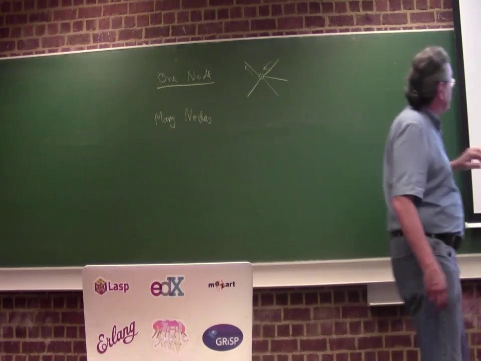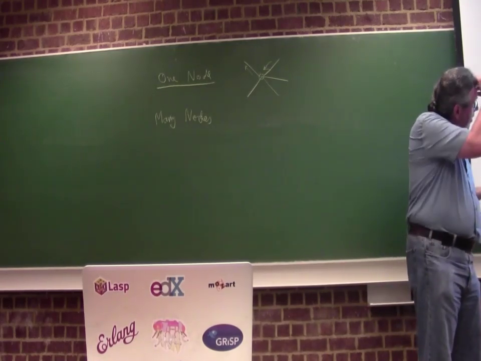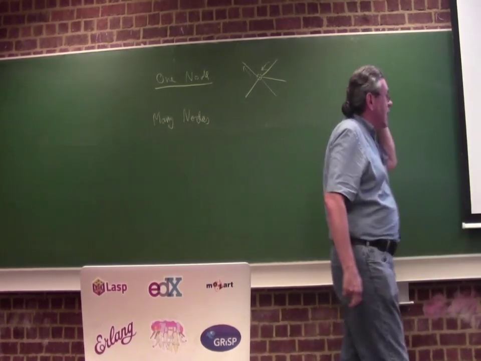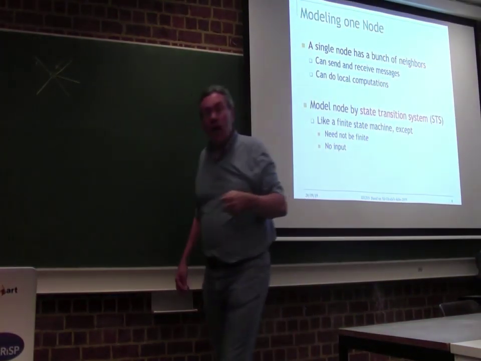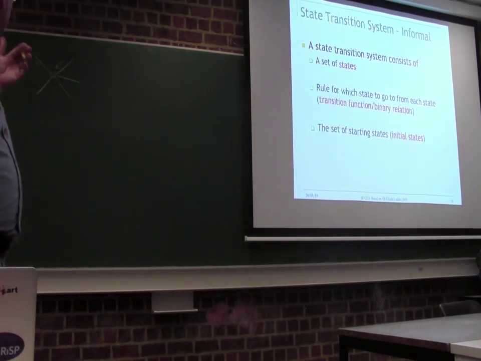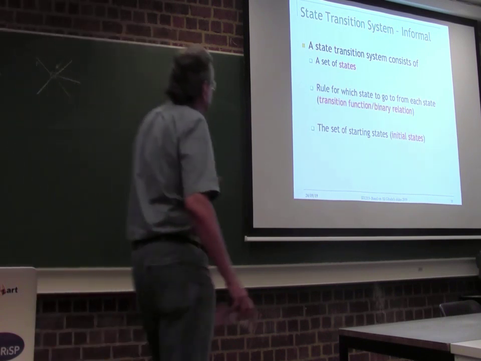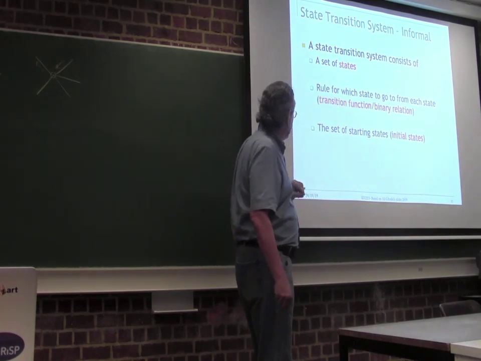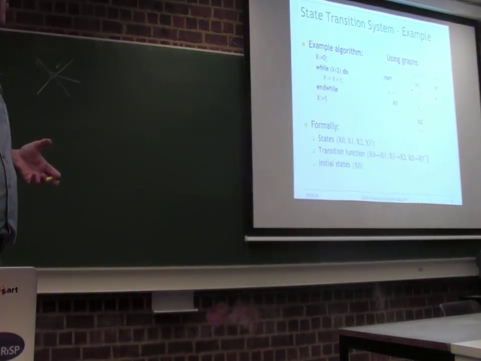The single node, we're going to model kind of like a finite state machine, with a model called the state transition system. It's like a finite state machine, except it's not finite, and there's no input. I mean, the messages are part of it, but there's no specific input. So it's a set of states, rules to go from one state to the other, and a starting state. So this is very straightforward for a single node.